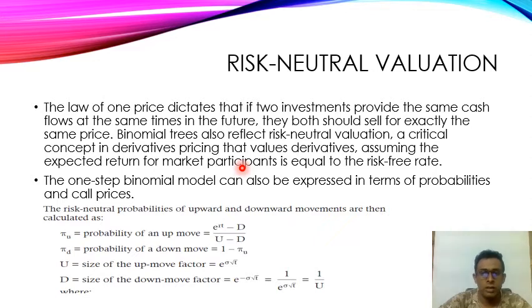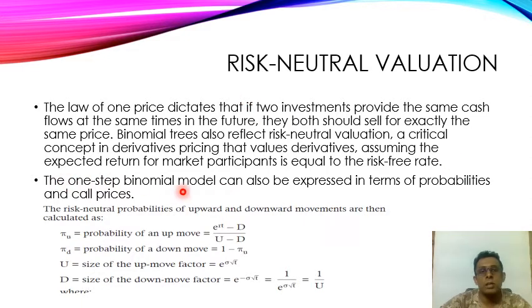It is a kind of risk-free rate valuation, and this same concept is also used in binomial trees, assuming that market participants expect a return at the risk-free rate. That is the expectation from the market participants, and it is also used in investment valuation as well.